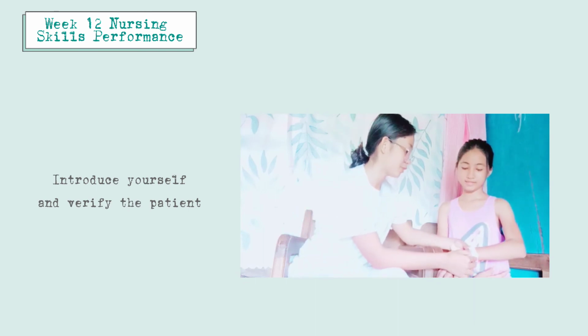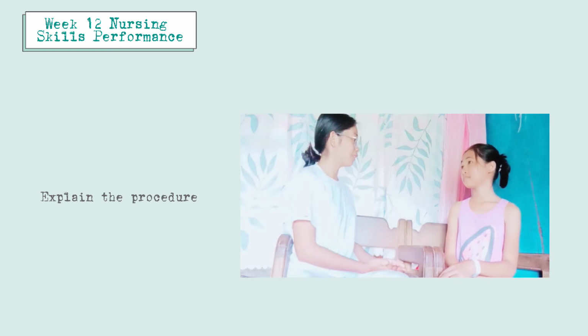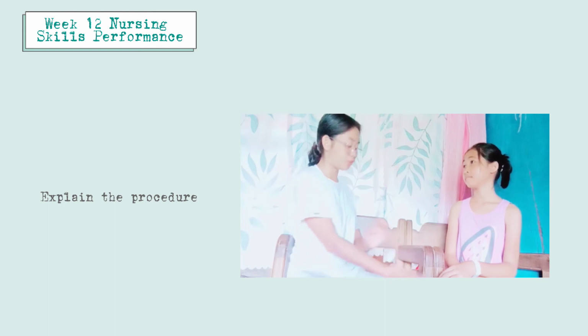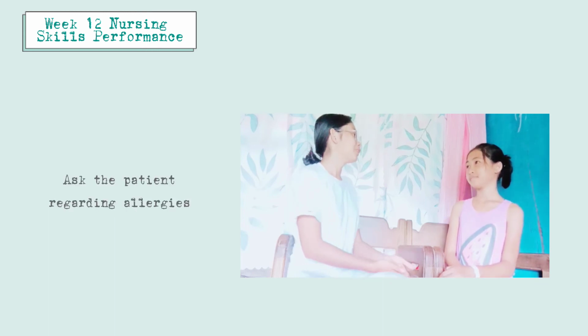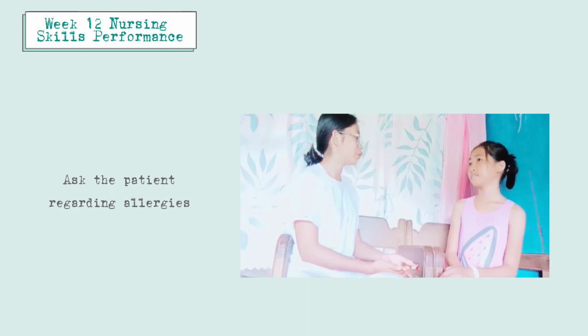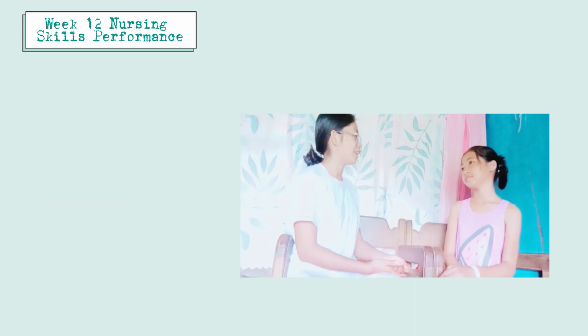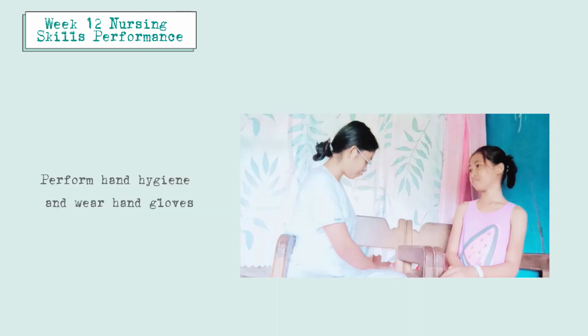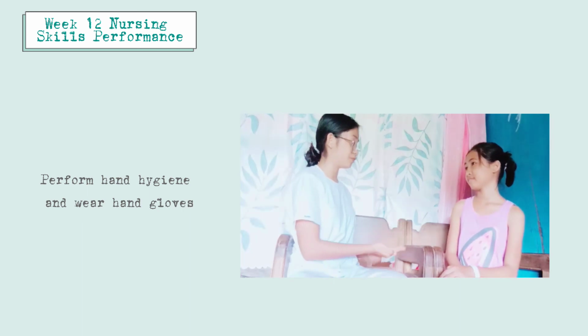Your name, born on November 16, 2000. Is that right? Yes. So I am here to administer a drug through intradermal injection. The injection site is in your forearm, right here. Is that okay with you? Yes. Okay. Last thing, ma'am, may I ask if you have any allergies or anything to be worried about? No. Okay, if that's so, let me perform hand hygiene first. Put some hand gloves on and let's start.